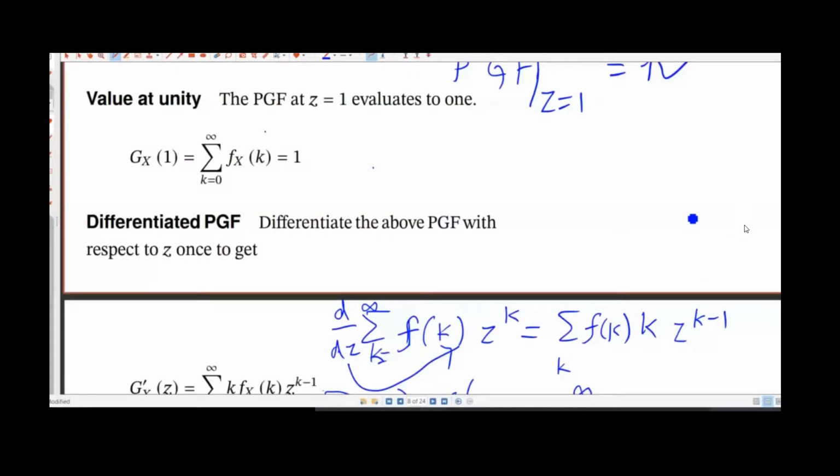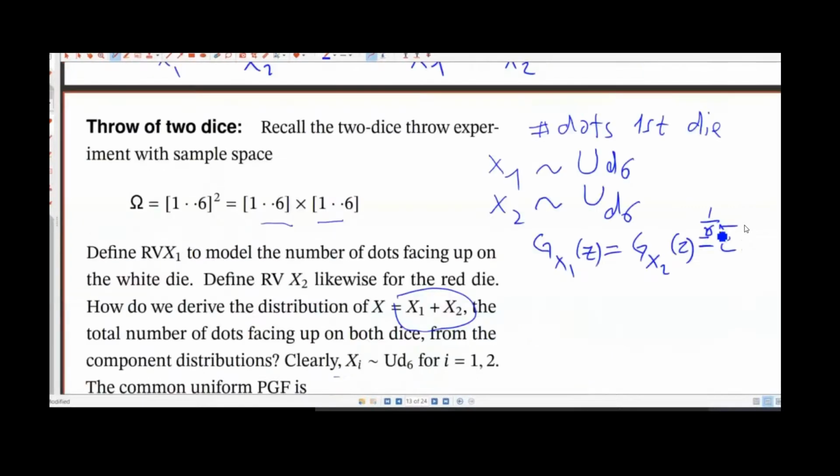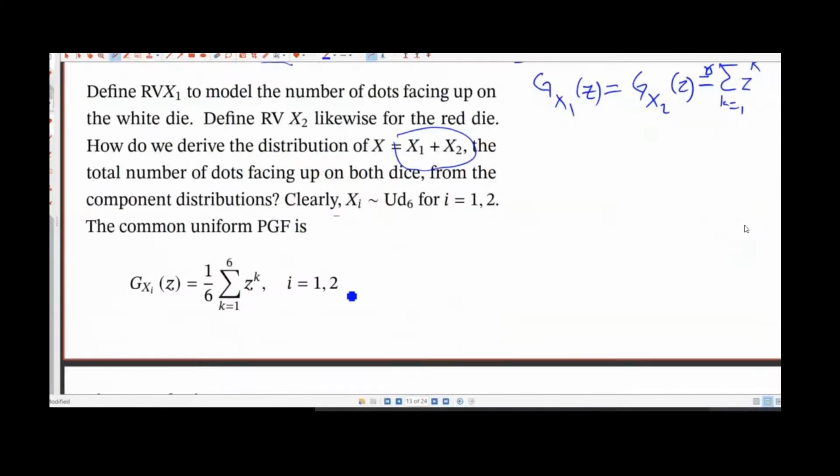It was sum of 1/6 हो जाएगा ये, and this will be z up to k, and k goes from 1 to 6, ठीक है. और यहाँ पे they will all multiply by 1/6. So हाँ, ये मैंने यहाँ लिख दिया, ठीक है. For both the PGF will be of this form.